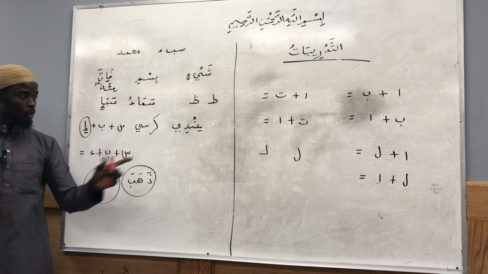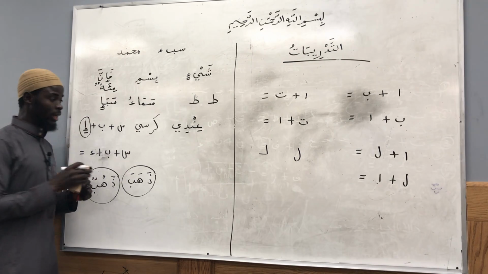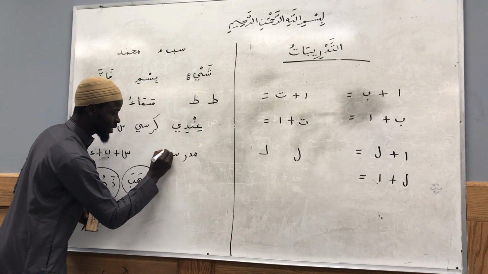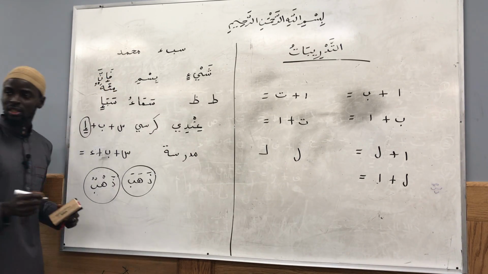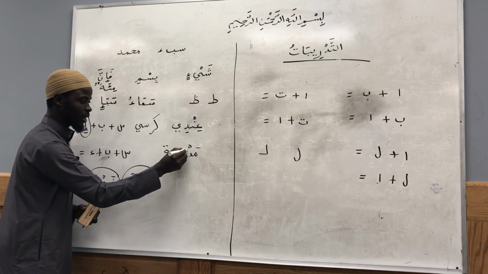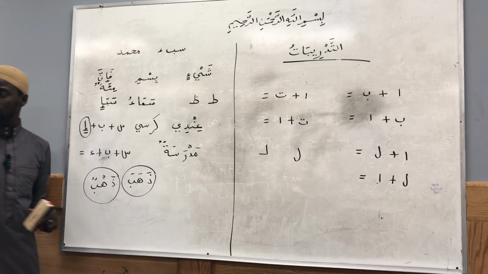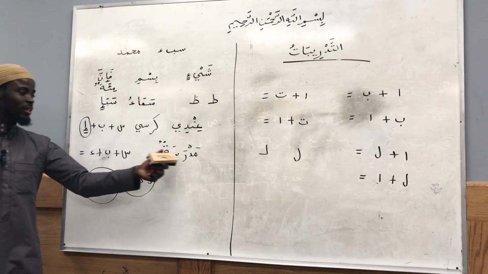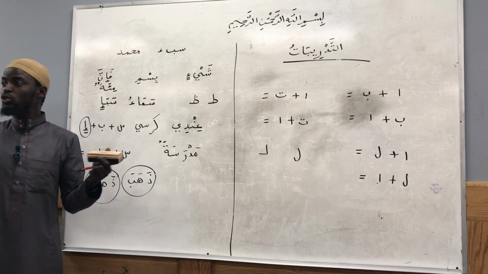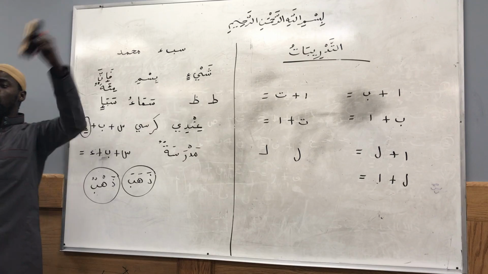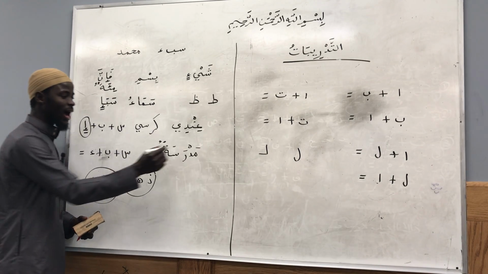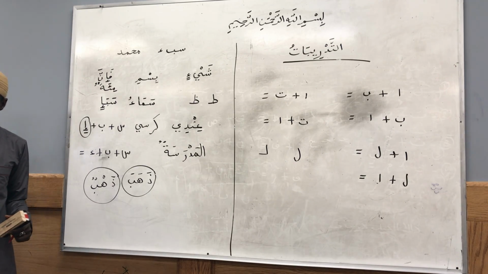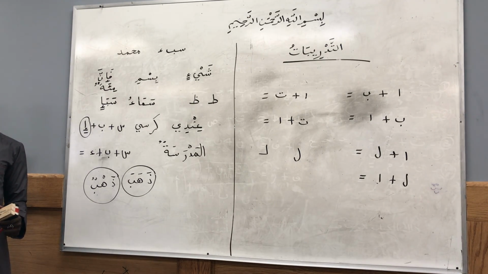All right? We have al-kursi, right? And then we have madrasatun. What does it mean? School. If we say madrasatun, it's a school. It can be any school. But if we say al-madrasatu, the school, you know the school that you're talking about.